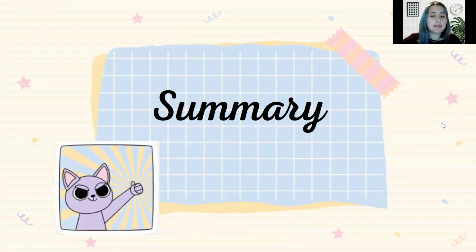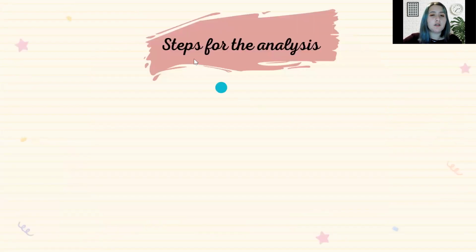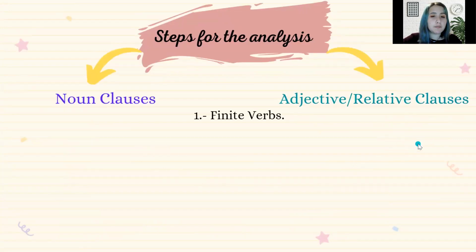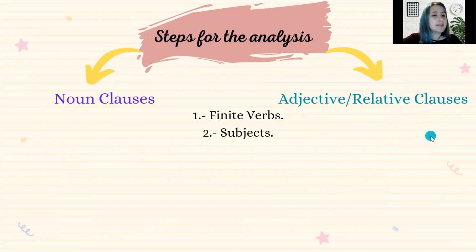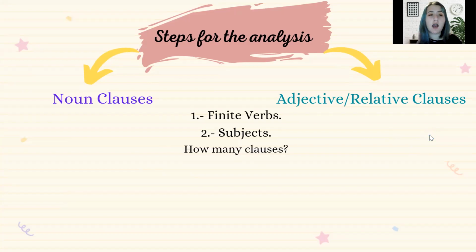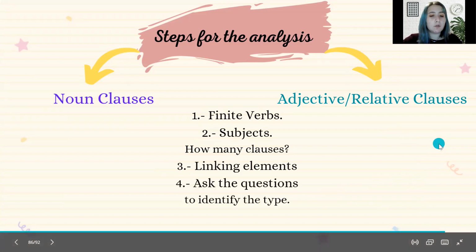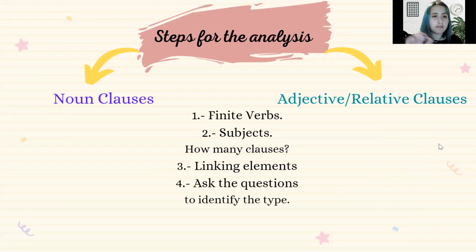Now, to summarize all this explosion of information, we are going to look at the steps for the analysis. The first step is to look for finite verbs. The second step is to find the corresponding subjects, and we can ask how many clauses we have and if we are facing a complex sentence. In that case, we look for the linking elements and we ask questions to identify the type of subordinate clause.